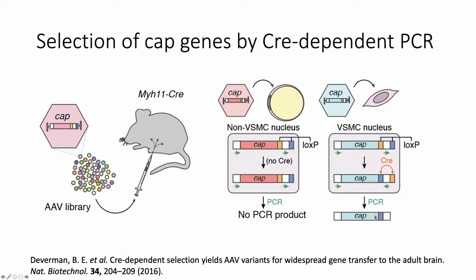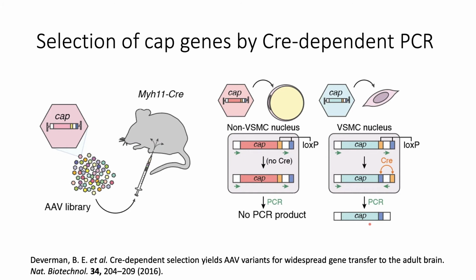We can then DNA sequence this CAP gene afterwards, and we can then identify the specific coat protein that allows for transduction of these cells. We thereby identify new CAP genes that target specific cells and expand the use of this AAV approach.